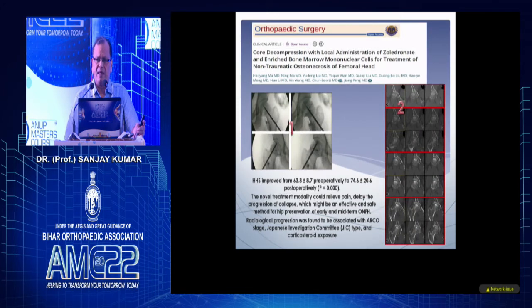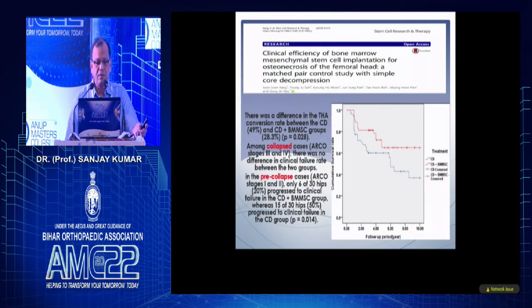Core decompression is one of the most widely practiced procedures by the average orthopedic surgeon. As I have already told, bone marrow mesenchymal stem cells cannot reverse the disease, but at least we can gain some time, 4 or 5 or even 10 years, by which the replacement can be delayed, and this is a good thing.